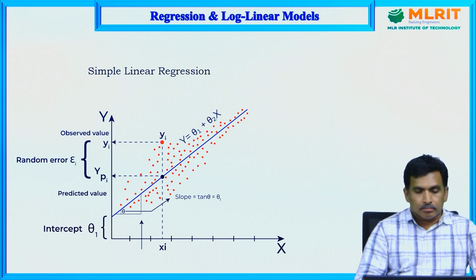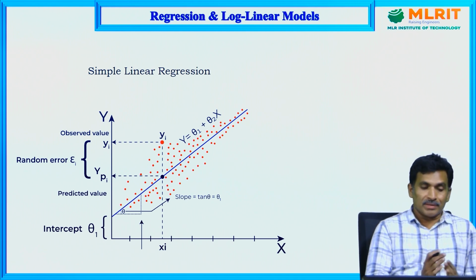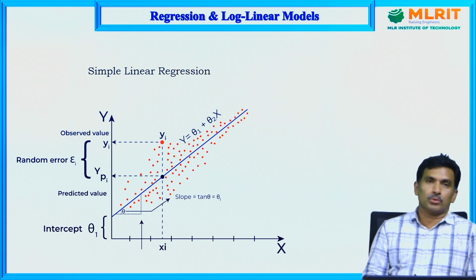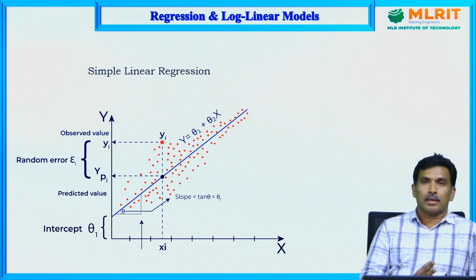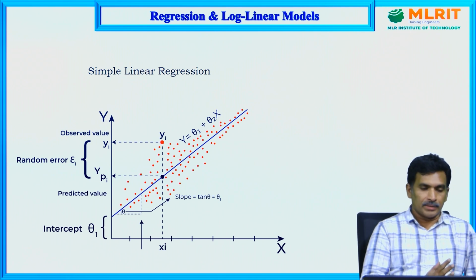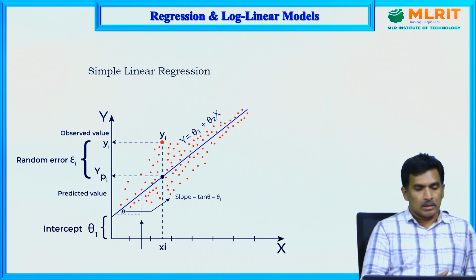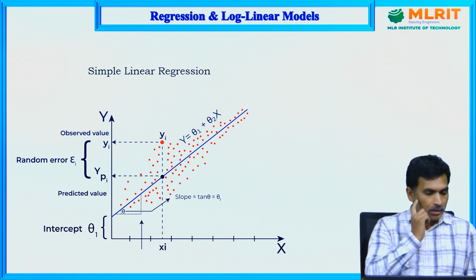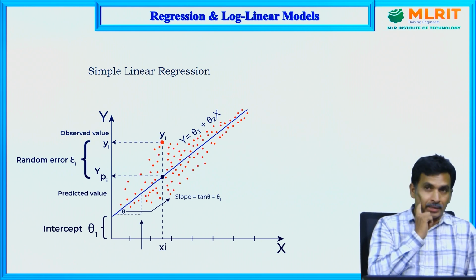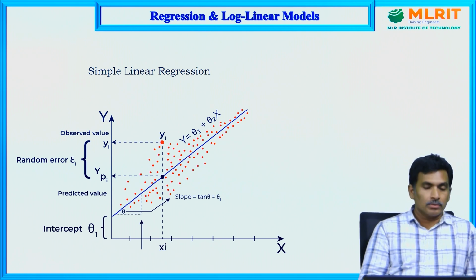In the previous lecture we discussed two types of data reduction methods: parametric and non-parametric. Linear regression and log-linear regression models come under the category of parametric methods, where we are going to approximate the data.